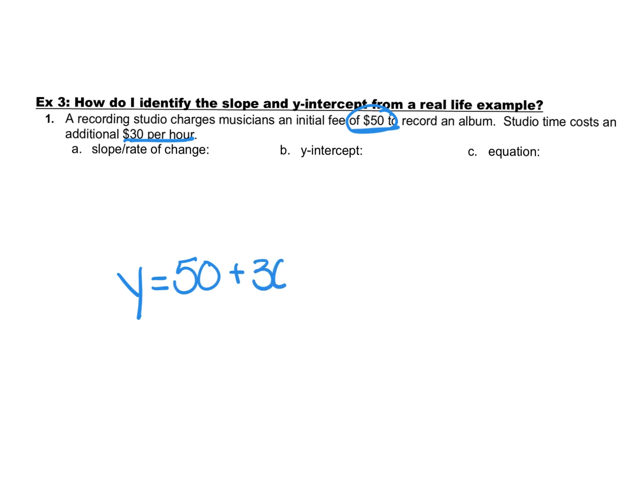And remember when you hear the word per or each, that's the number with the variable. That's our slope. So our slope or rate of change is 30. Our y-intercept is the number without the variable, which is the 50. And we've written our equation, which is y is equal to 50 plus 30x.